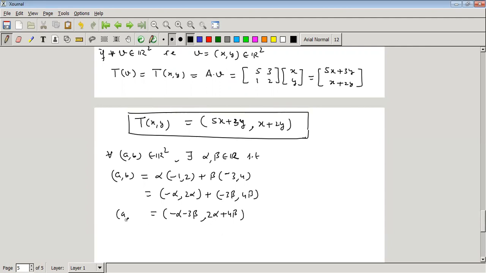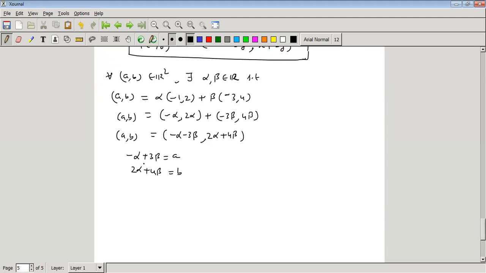Two vectors are equal if and only if for each i from 1 to 2, xi equals yi. So a equals minus alpha minus 3 beta, and b equals 2 alpha plus 4 beta.